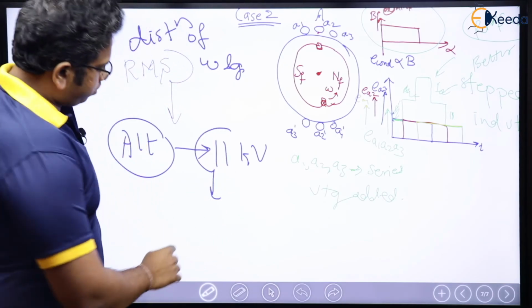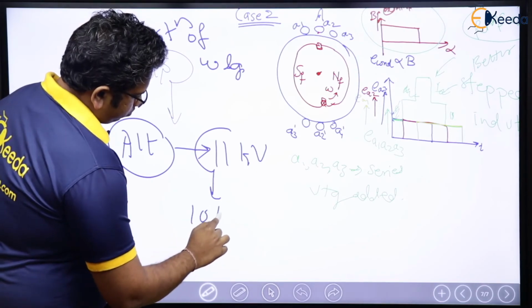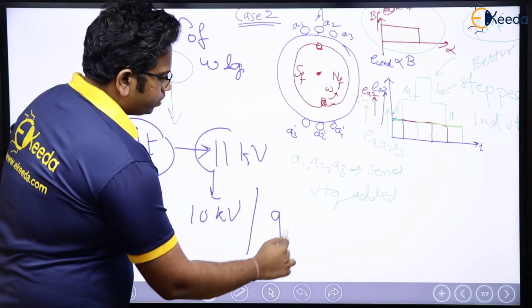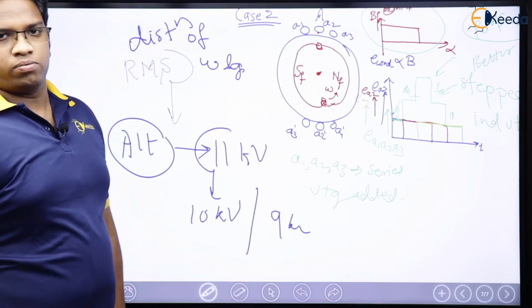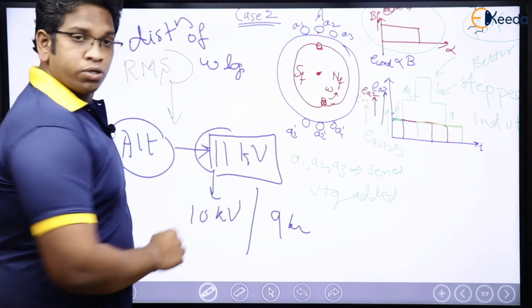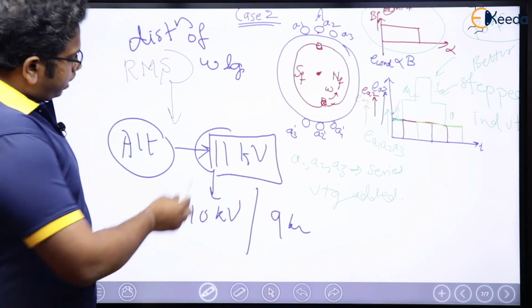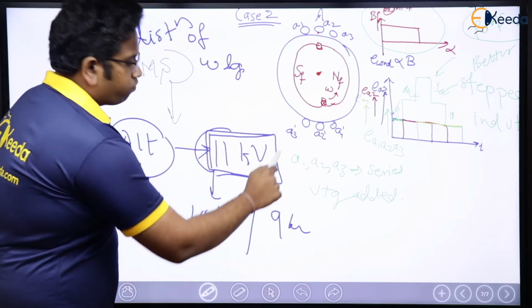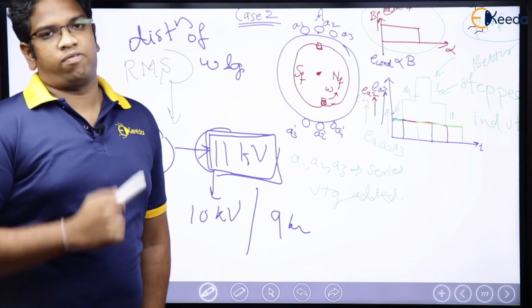Rather, I may get something around 10 kV or 9 kV, any value, but it has to be less than this. So in order to induce this extra voltage, to make it 11 kV, what should I do? I should increase the number of turns.